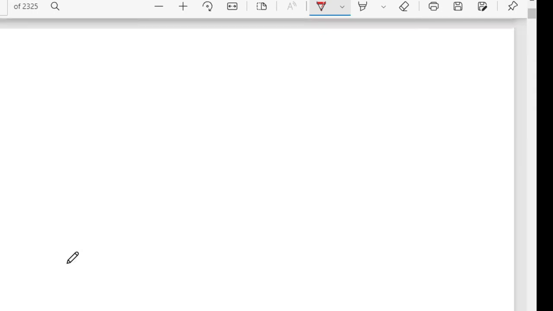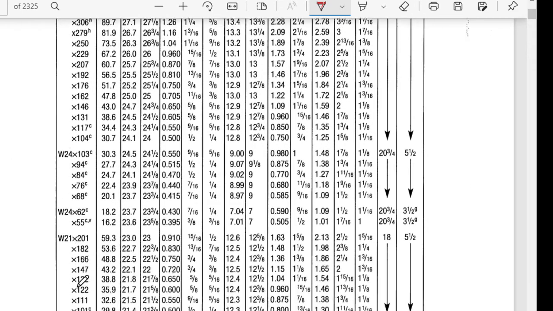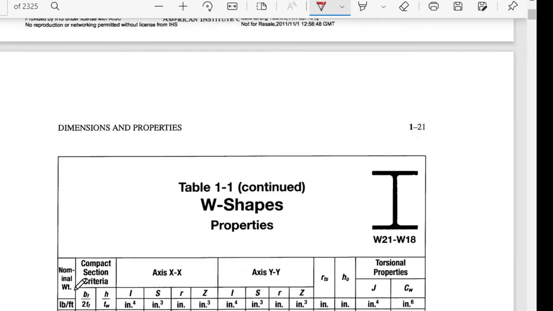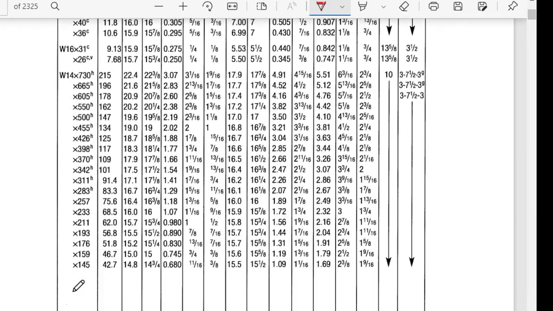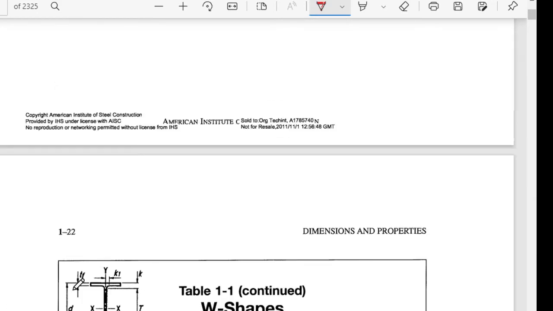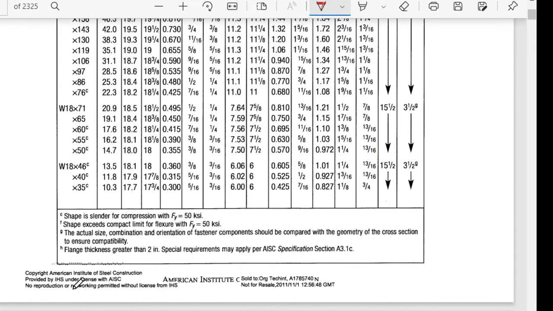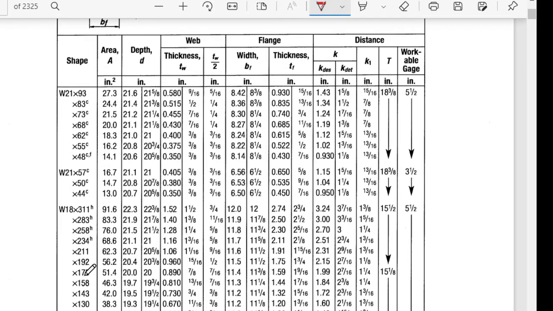This is W30, so we go down. Because it is W18, it is this one, W18.